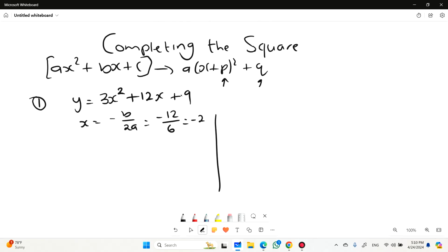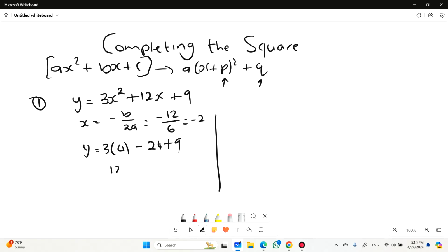Now let us find my y value. It will be 3 times 4, because if you put that negative 2 there it would be 4, and then minus 12 times 2, that's 24, plus 9.